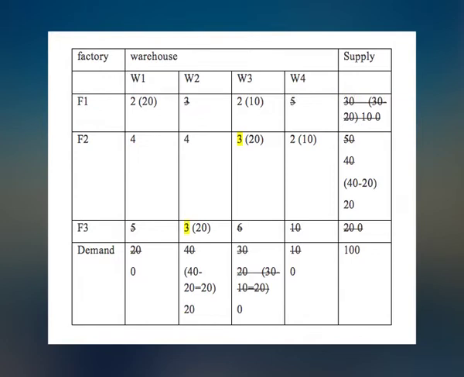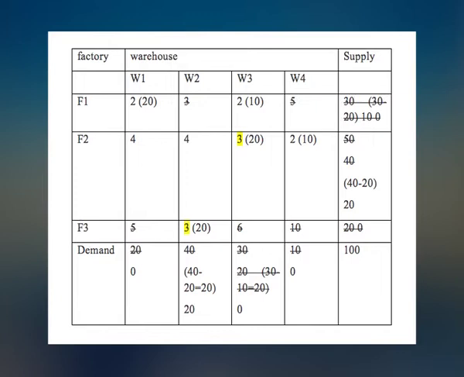So, the value is 3, which is in the cells corresponding to F2W3 and F3W2. In cell corresponding to F2W2, we will assign 20 after comparing demand and supply, which is lesser. The demand value will become 0 and the column will be cancelled.